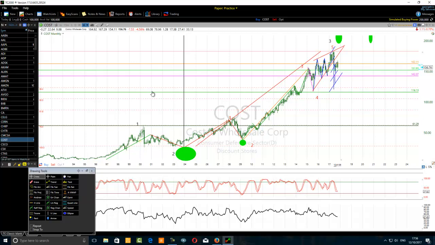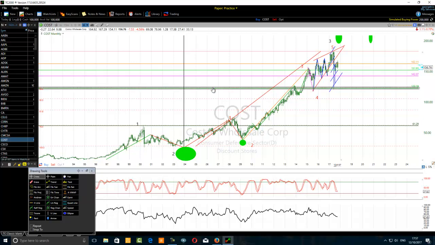So we will highlight which level? The 38.2% Fibonacci retracement of that third wave of a higher degree from here to here. That's the third wave of a higher degree, and we highlighted the 38.2% Fibonacci retracement of that third wave.